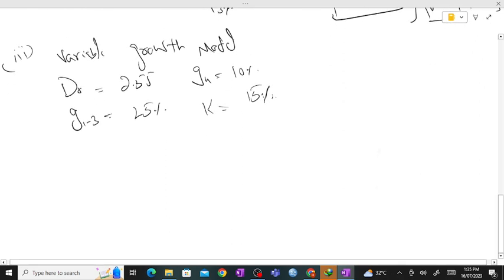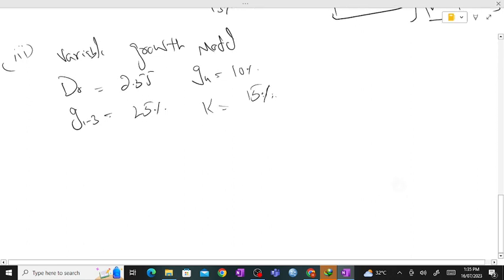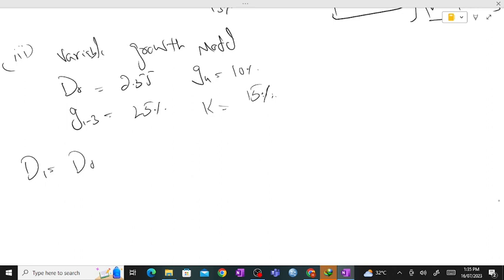Because they are offering D naught, the dividend announced in the previous year, first we need to calculate D1. D1 is equal to D naught (1 plus g).